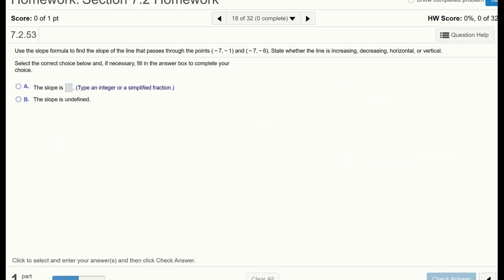Think of this one and see if you can think of the slope before you come back to the video. Pause it, see if you think you can find the slope, and then come back. All right, so again, we're going to have x1, y1, and x2, y2. So the slope is going to be y2 minus y1 over x2 minus x1.